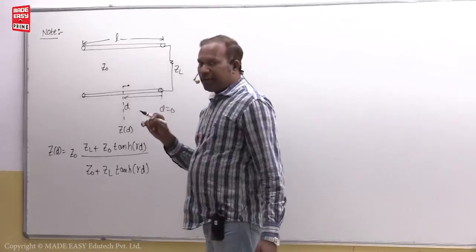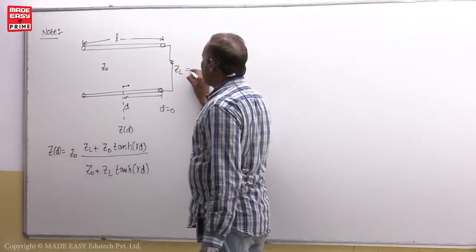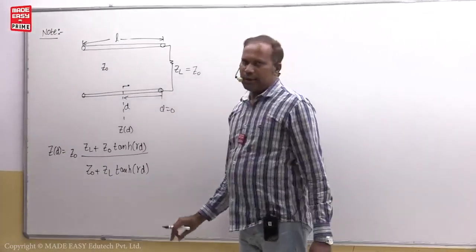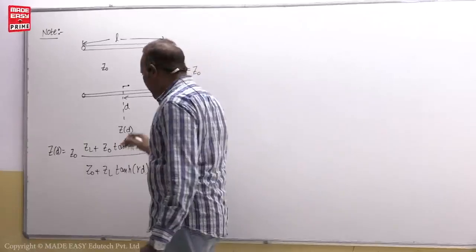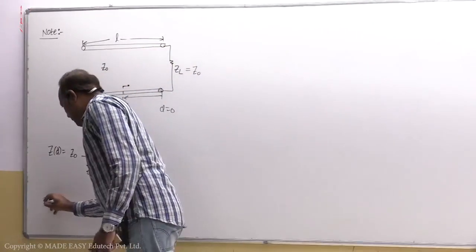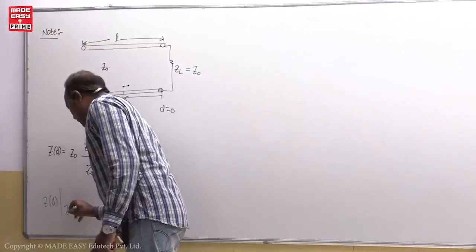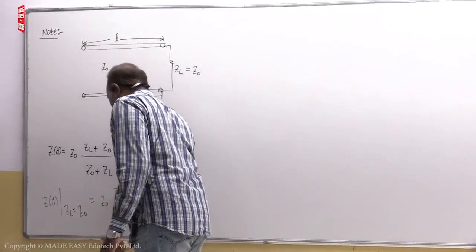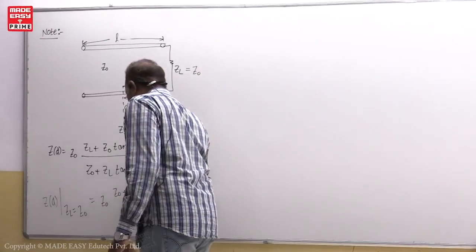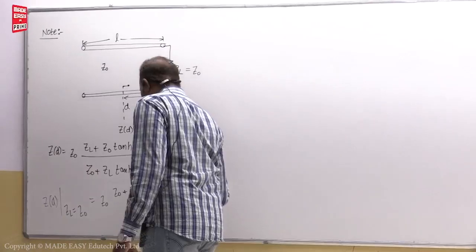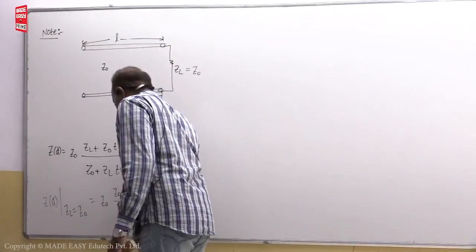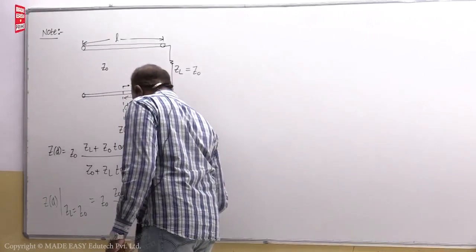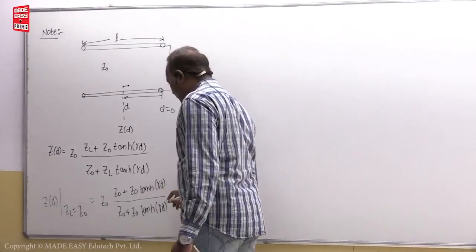Now, dear student, if ZL is equal to Z0, that means there is a matching at the load. Then what happens in this formula? Z of d, whenever ZL is equal to Z0, is Z0 times (Z0 plus Z0 tan h gamma d) divided by (Z0 plus Z0 tan h gamma d). So this cancels.